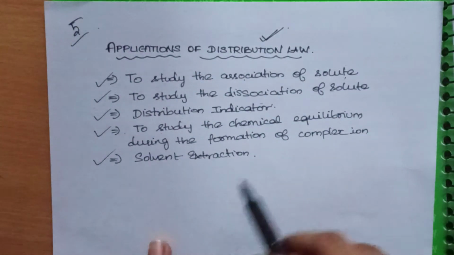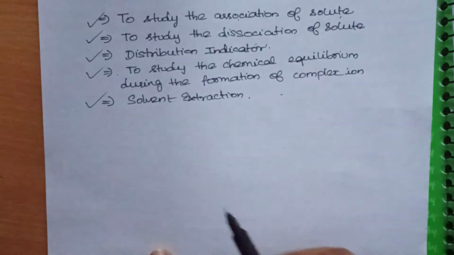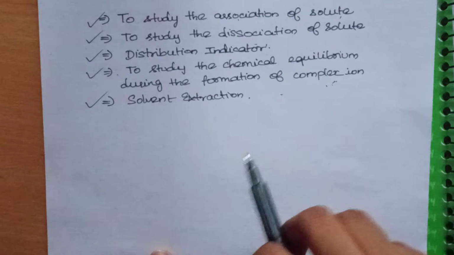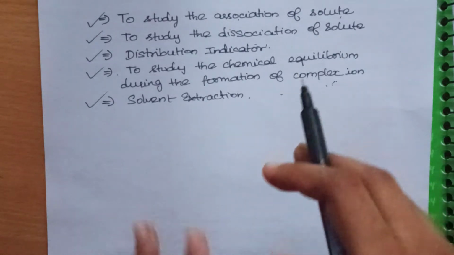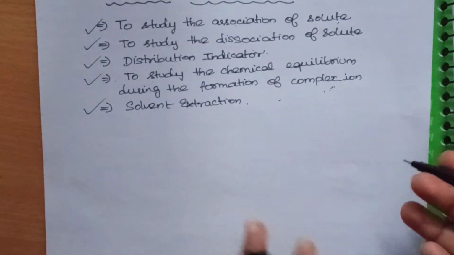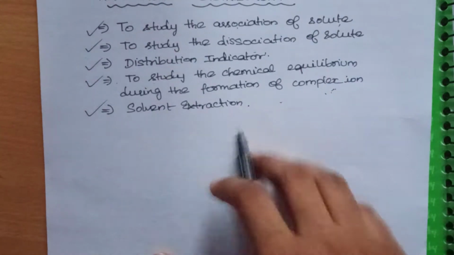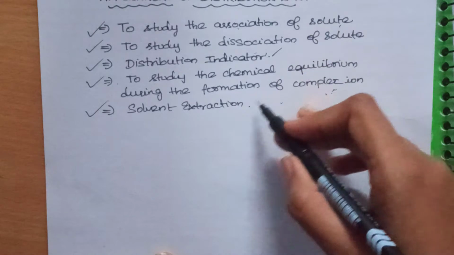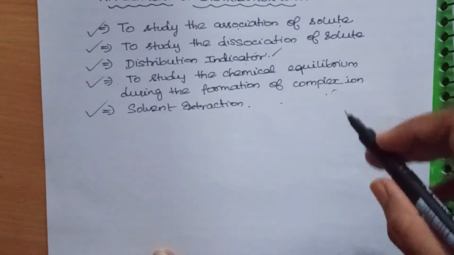And to determine the molecular formula of the complex ion formed when there is some reaction between iodine and iodide ion, something like that. And solvent extraction is more or less same as this distribution indicator. Okay, so let's learn them one by one.